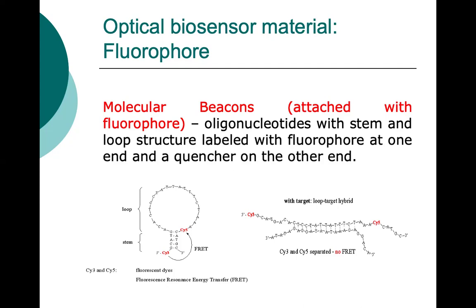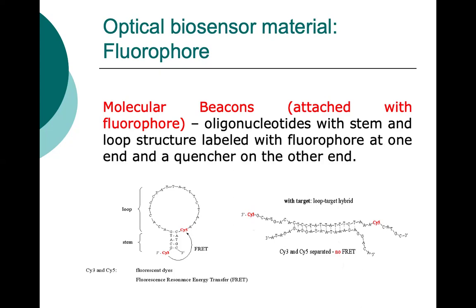But it is in the form of a beacon, a specific structure, and tagged with fluorescent dyes. Once they find the right target, the structure of the beacon opens up, and due to the separation of the fluorescent dyes, the FRET signal is no longer observed.